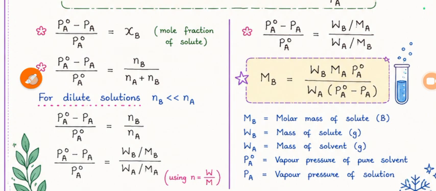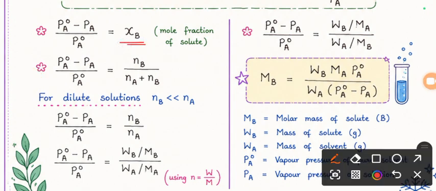Now we know the formula to calculate Xb. Mole fraction of solute is nB, number of moles of solute, divided by the sum of the number of moles of solvent plus number of moles of solute. n is number of moles, A is solvent, B is solute.